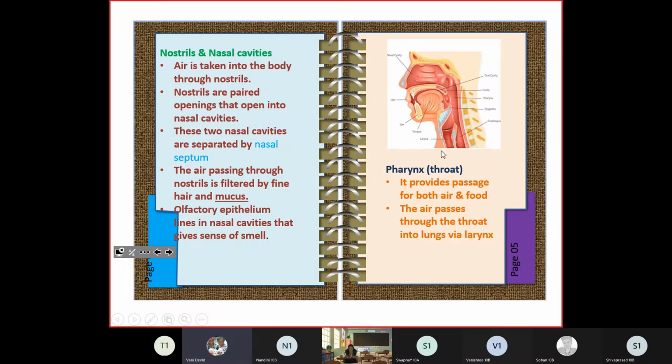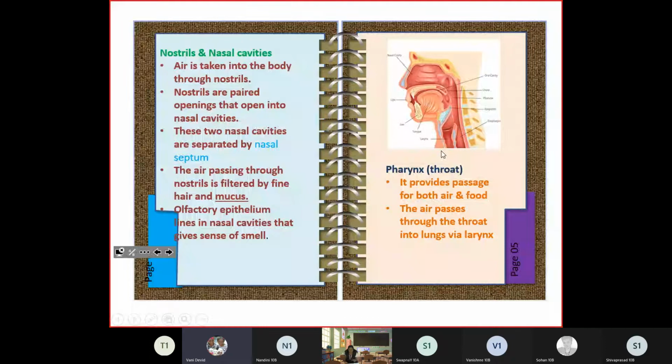The air passing through the nostril is filtered by hair and mucus. Mucus is nothing but the jelly-like substance present in the nose that helps not to allow bacteria and dust into the respiratory system.